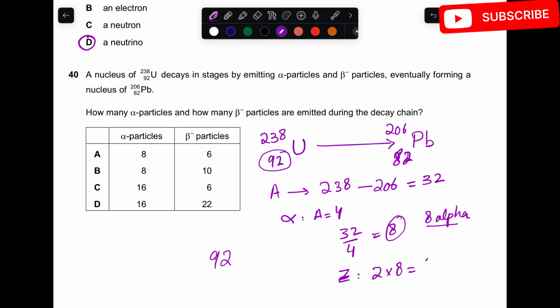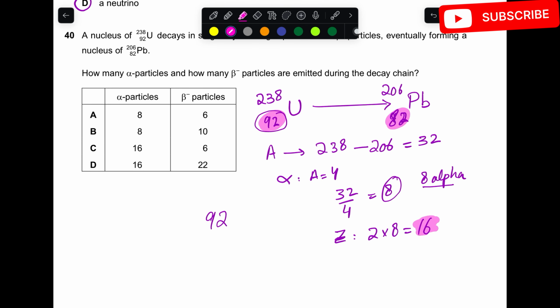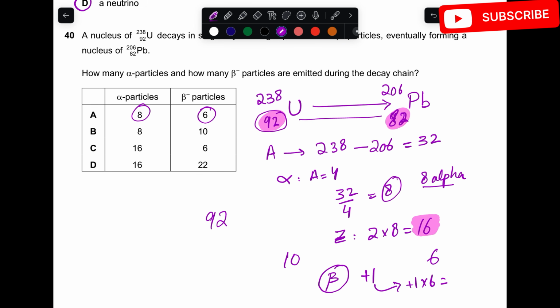So 16 is the change due to alpha. The actual change here is 92 to 82, a difference of 10. So because of alpha, the charge number decreased by 16, but what you need is a difference of 10. In each beta decay, you gain plus 1. So how many do you need? Plus 1 into 6, so 6 beta decays and 8 alpha decays. It's option A.